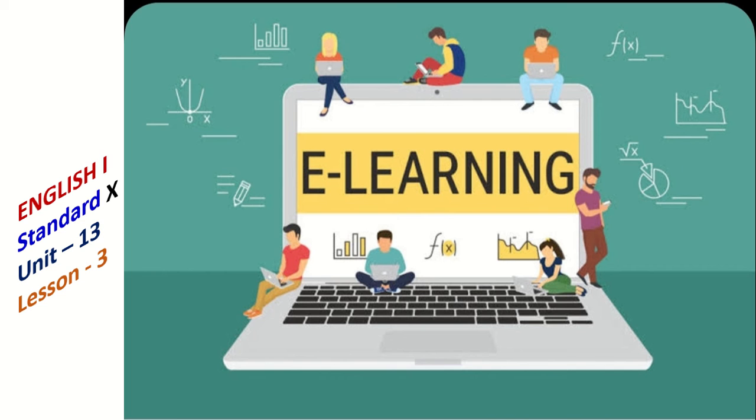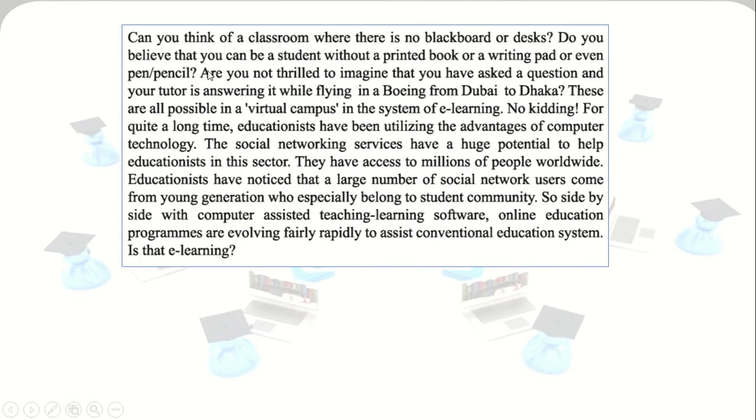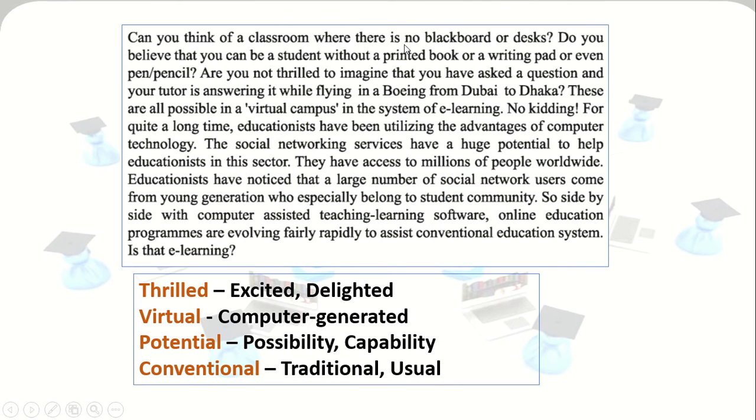So let's see the text. Can you think of a classroom where there is no blackboard or desk? Do you believe that you can be a student without a printed book or a writing pad or even pen or pencil?